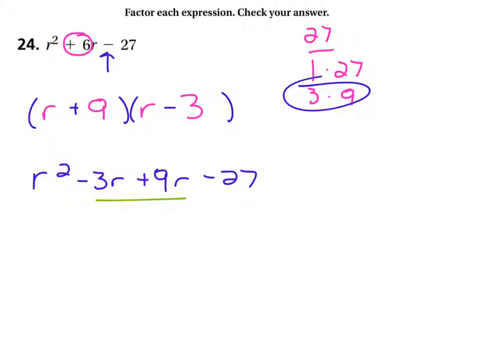And if they were going to combine to be a positive 6, then there needed to be more positives than negatives. That's why we needed to make the bigger number go with the positive sign, so that there would be positives left over and the middle term would end up being a positive number. So when we put them together, we get R squared plus 6R minus 27. And that is what we started with.